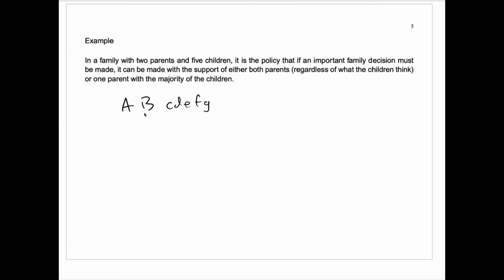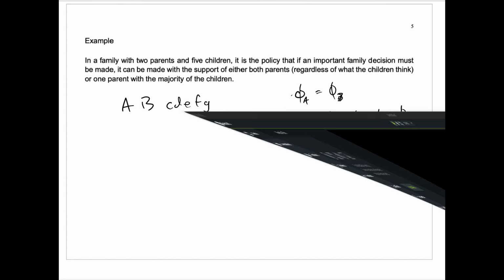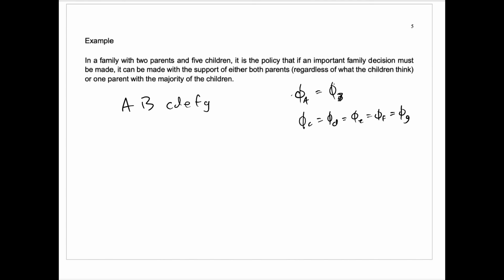Right away, we can see that the 2 parents are in a symmetric situation. So phi sub A will equal phi sub B. And the 5 children are all in a symmetric situation with each other. So phi C equals phi D equals phi E equals phi F equals phi G. How will we compute all of these different values?